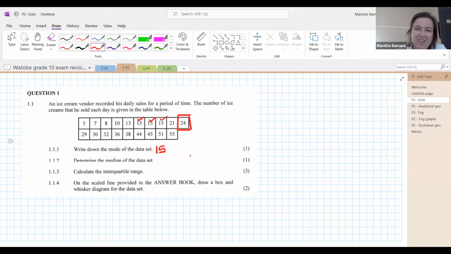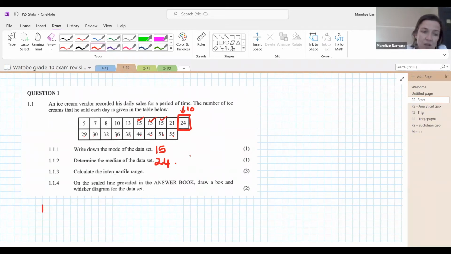That's why it's only 1 mark probably. If we count 1, 2, 3, 4, 5, 6, 7, 8, 9 data values, and then this is the 10th one, and then another 1, 2, 3, 4, 5, 6, 7, 8, 9. So that one is dead in the middle. So that's 24.